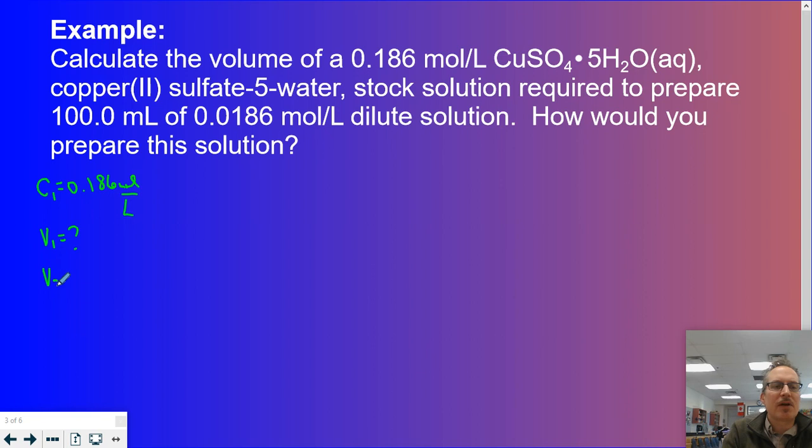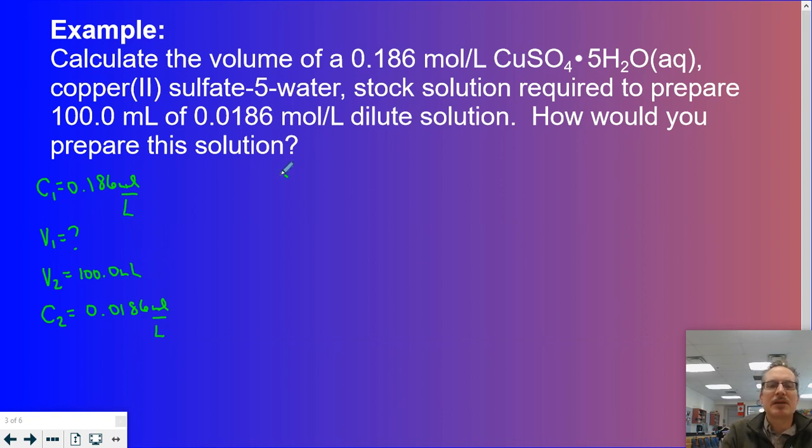My final volume is going to be 100 milliliters. And my final concentration when I dilute it is going to be 0.0186 moles per liter. Looking at my units, they will cancel perfectly. My answer I'm going to get out in my calculator is going to be in milliliters.